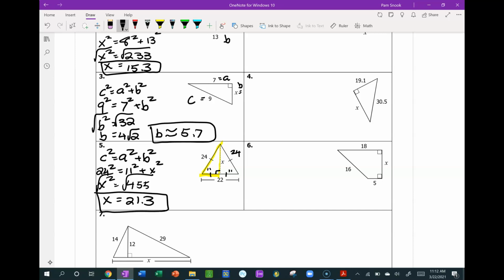Now take a look at number 6. Check this out. We've got a trapezoid here. And this trapezoid, I can actually split up into a rectangle and a right triangle.